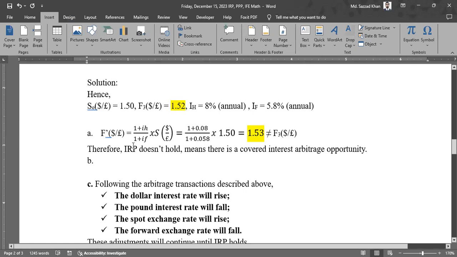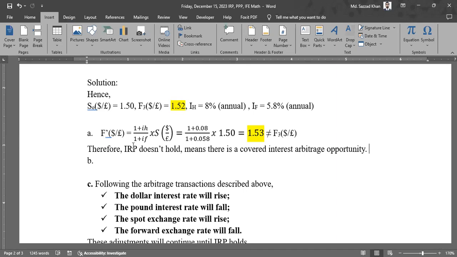Okay, so what does it mean in here? How can we interpret such a thing? In the market, you need to pay $1.52 for each pound. But the efficient forward rate says you're supposed to pay $1.53 for each pound. So you're paying less for each pound, but you should pay more in the future, but you're paying less.